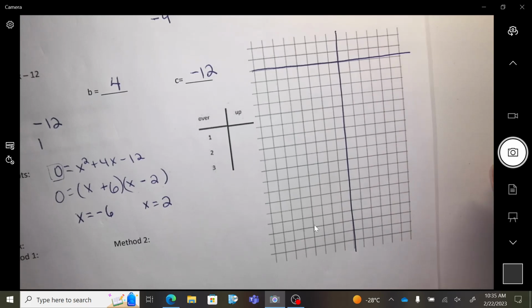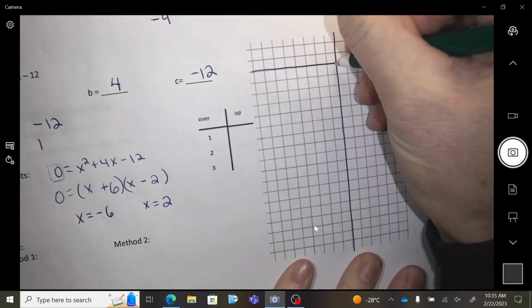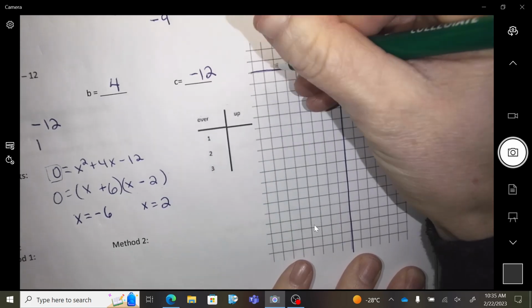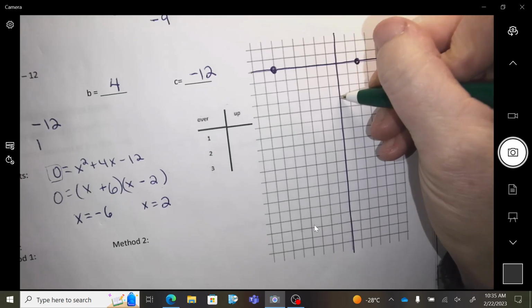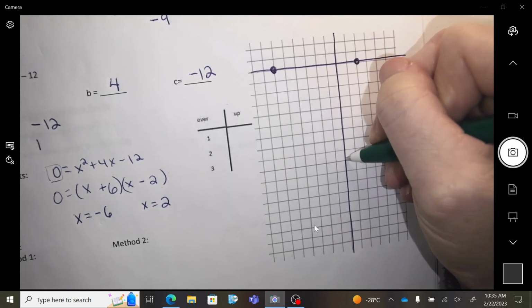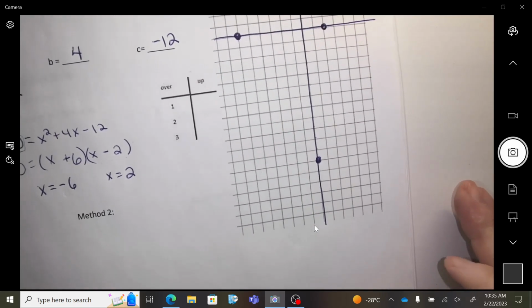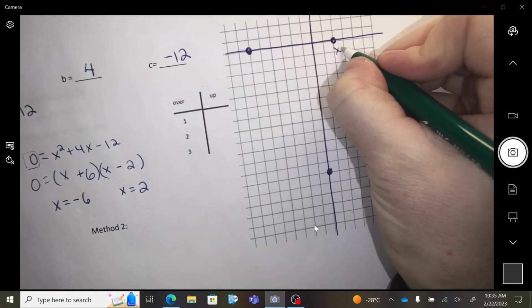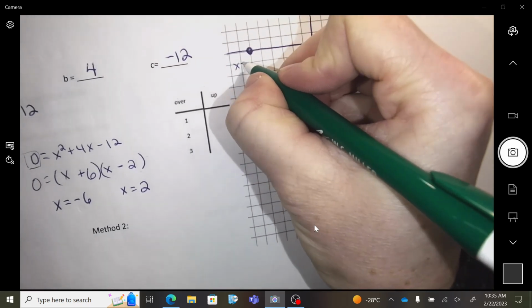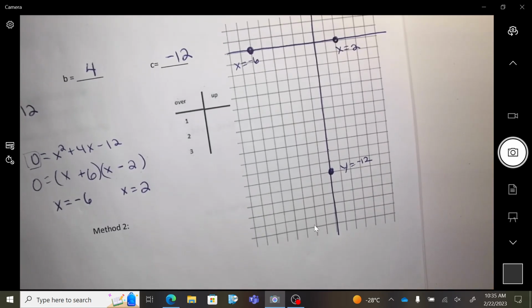Okay, I'm going to graph what I know right now. We're just going to see some stuff here. So we knew the x-intercepts were at 2 and -6, and we knew the y-intercept was -12.